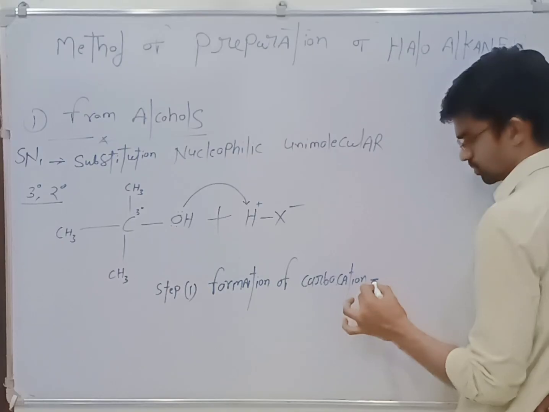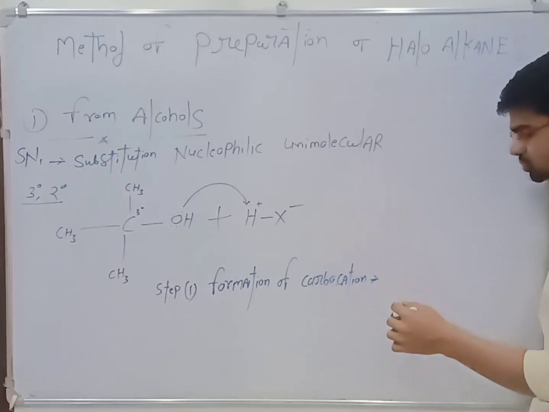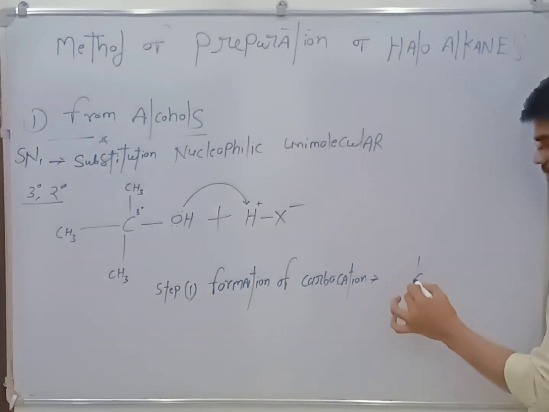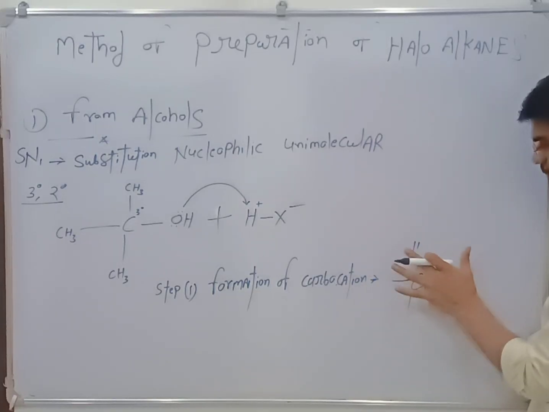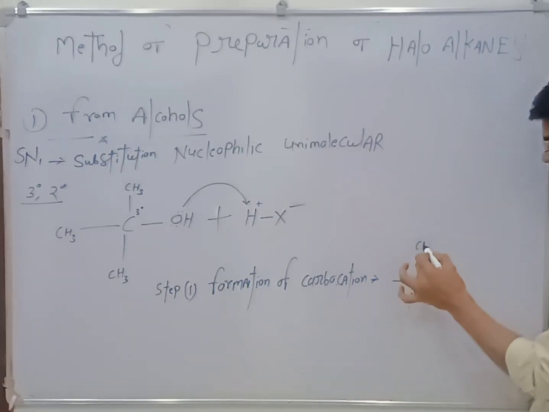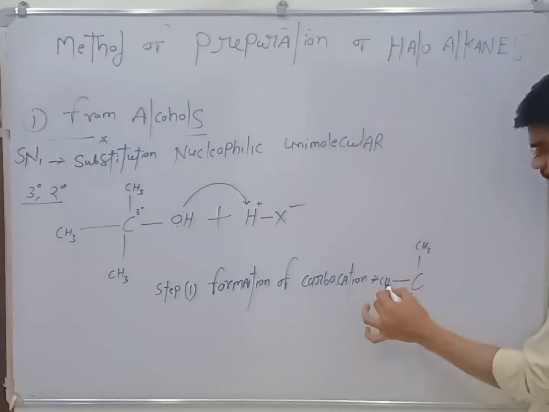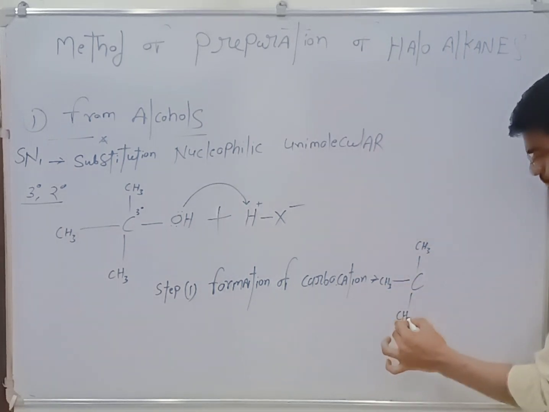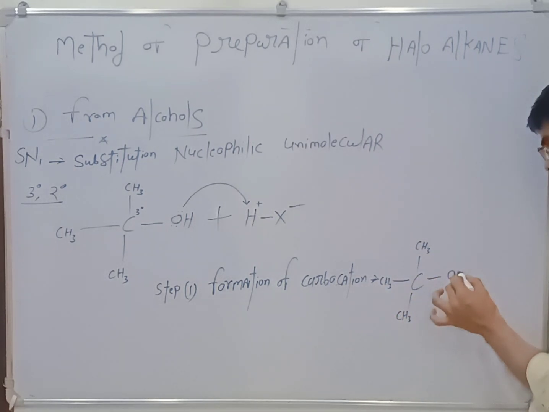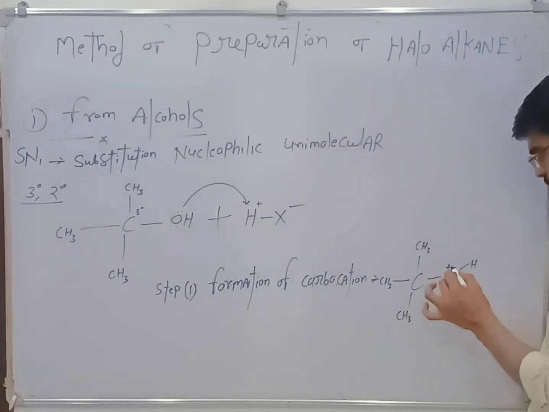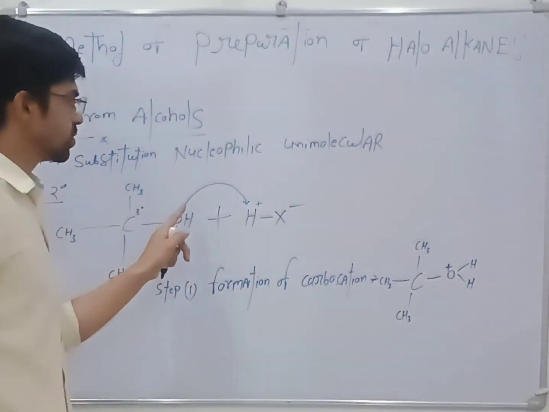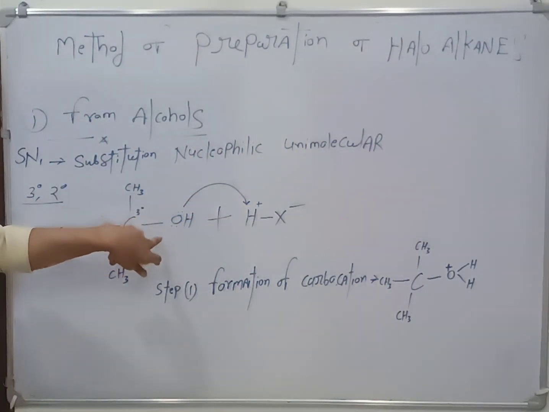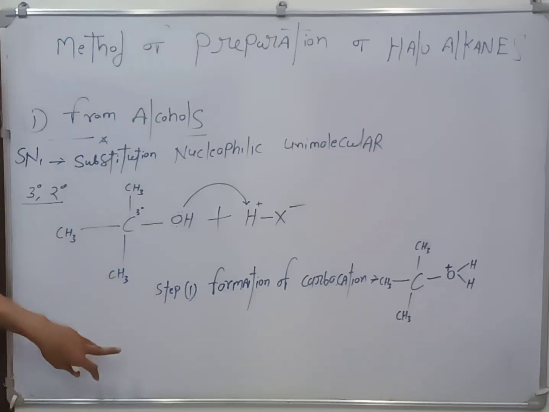Carbocation is formed out of this 3-degree carbon. Oxygen and hydrogen will get attracted and this O plus will be formed. So oxygen will donate its electron to H plus and develop a positive charge.